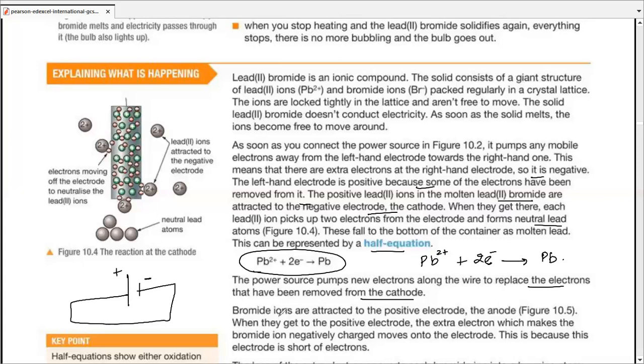Now the bromide ions, being negative, are attracted to the positive electrode, just like what's happening over here. So when they get to the positive electrode, the extra electron which makes them negatively charged moves onto the electrode. This is because the electrode is already short of electrons, as we previously discussed.